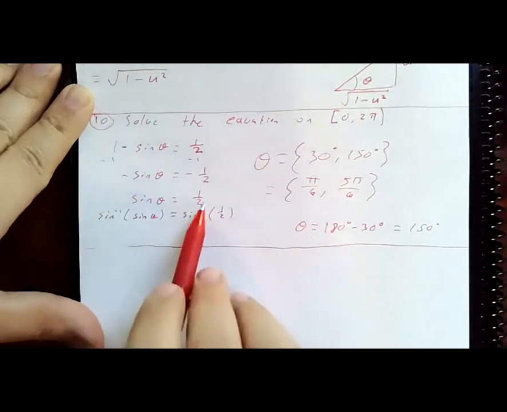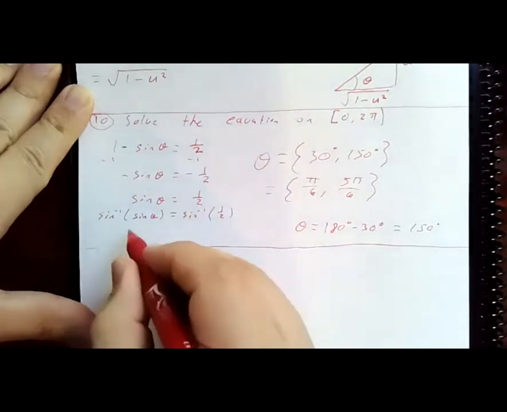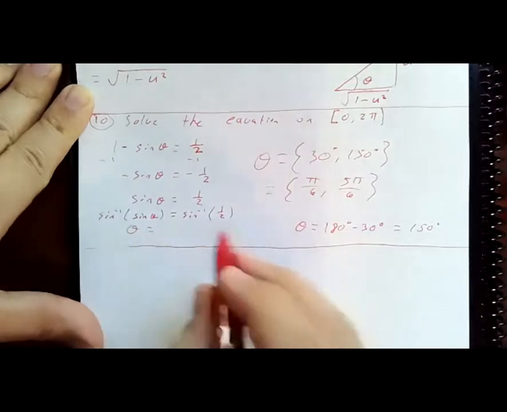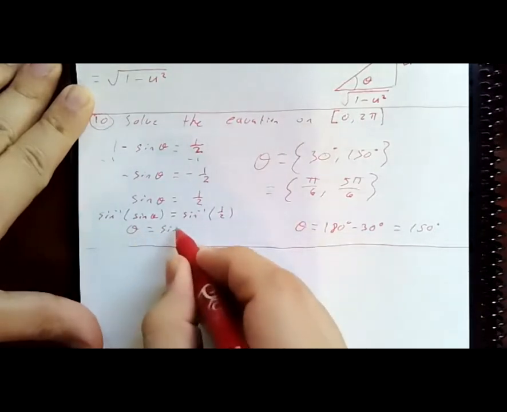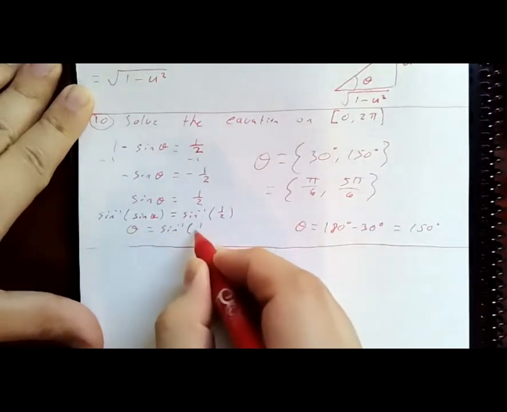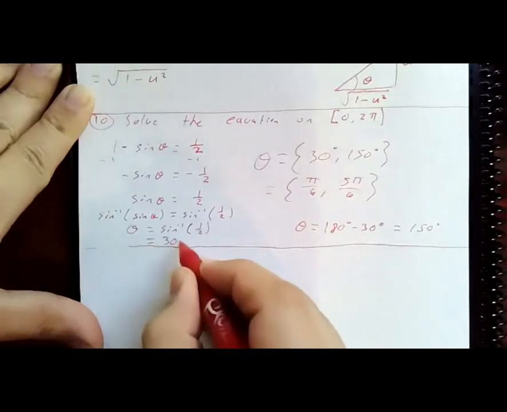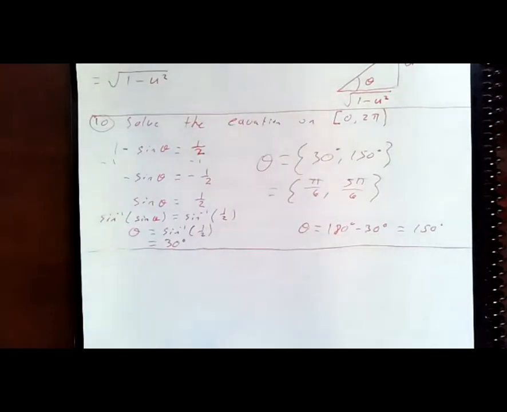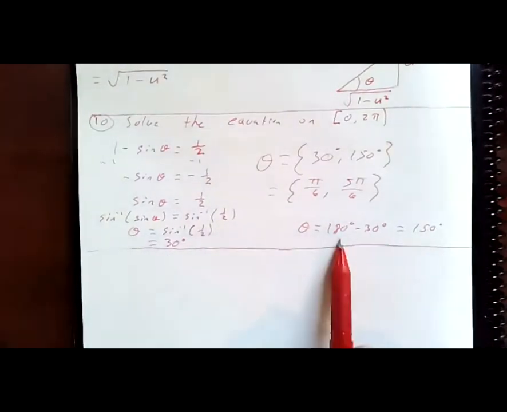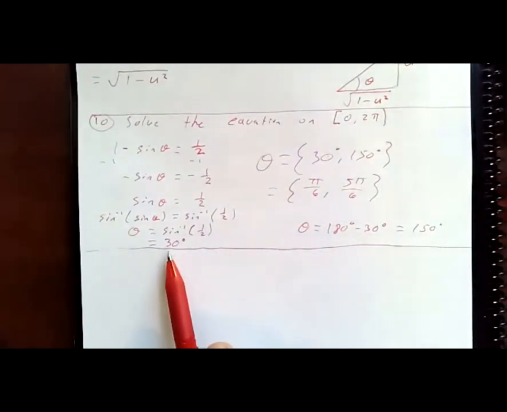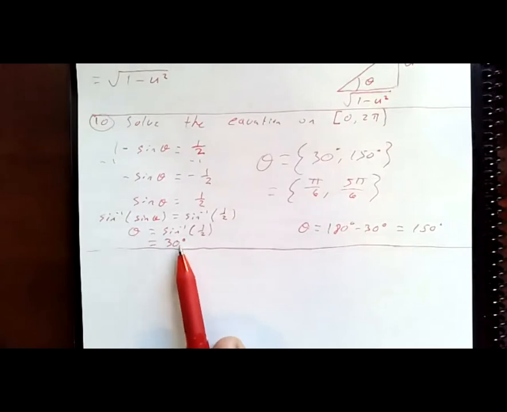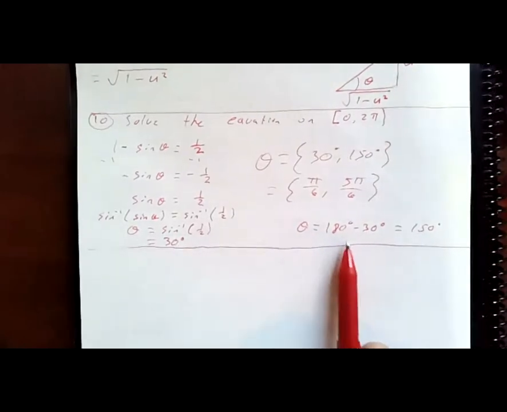So if it wasn't on the circle, you have to do this. So this would cancel, giving me the theta. So sine inverse of 1/2, the calculator is going to give you 30 degrees. Once you have that, to find the other one, let's say they gave you like 29.4 or 5.7. To find the other angle, you'd have to do this.